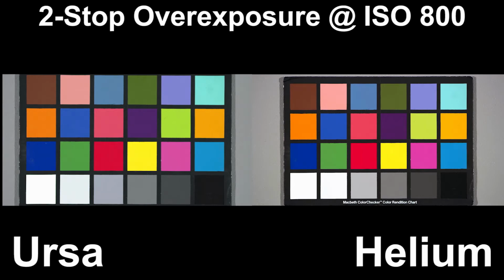We can see that the previously muted or less saturated colors in the normal image for the Blackmagic Ursa camera actually look a little bit more saturated than the overexposed red helium footage, especially if you look at the yellow, magenta, and cyan hues.